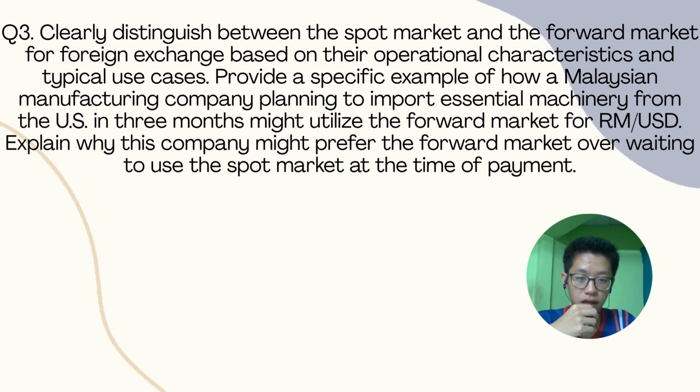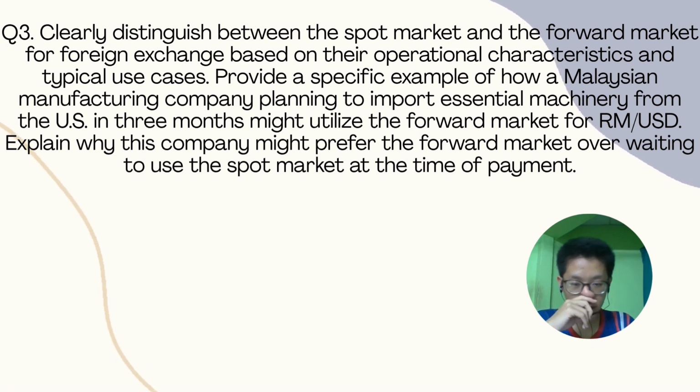If the ringgit weakens or depreciates to 4.98 per dollar, the company avoids paying 498,000 ringgit, saving 10,000 ringgit. The Malaysian manufacturing company can lock this rate, hedge the currency risk, and ensure cost certainty for the pending international payment.